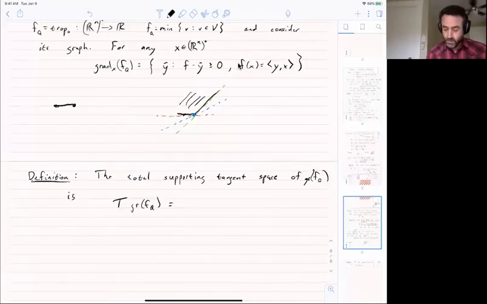It lives in the following space: we take the graph, and then at any point x tilde, we take the evaluation of y at x tilde, where y has to be in the gradient of f_Q at x.